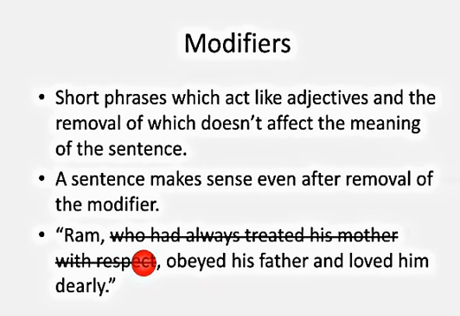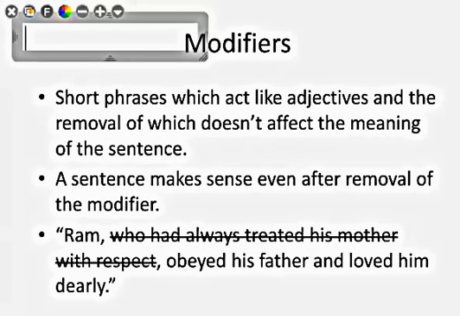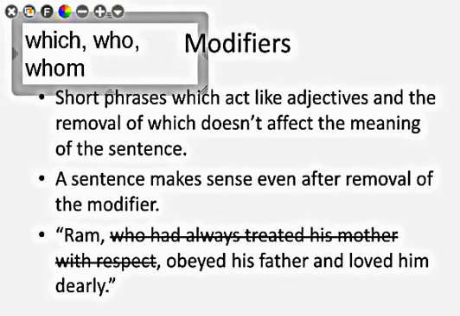We don't need to include this clause. Even if we remove this part, it doesn't really affect the crux of the sentence, and that's why it's a modifier. It modifies the sentence. So generally if you see who, whom and which, just understand that a modifier may follow.